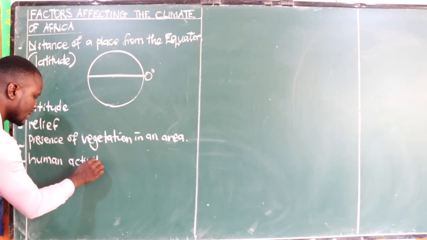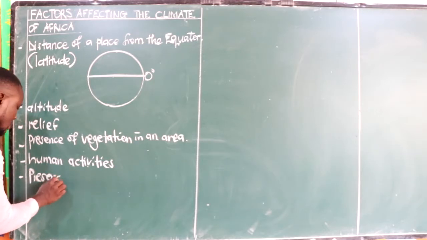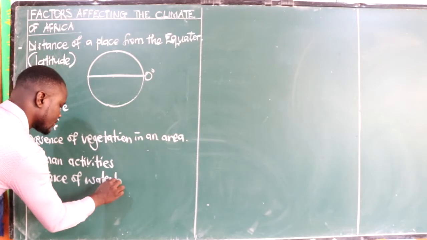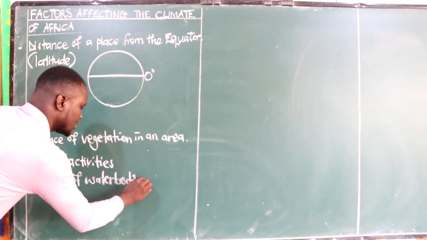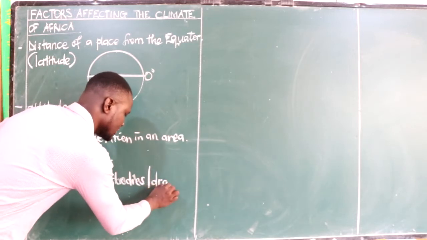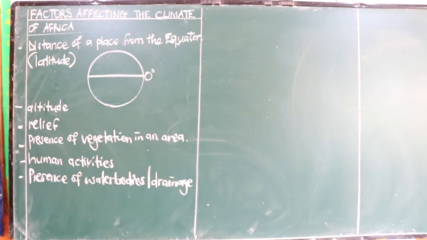Human activities as another factor affecting the climate. Then we have presence of water bodies. Sometimes we say presence of large water bodies. This can be termed as the drainage system or the drainage pattern of an area can also affect the climate of an area.